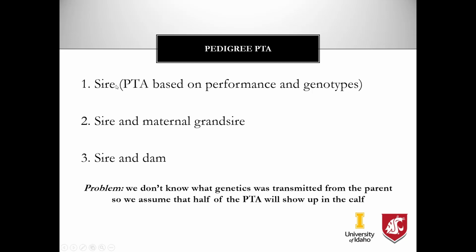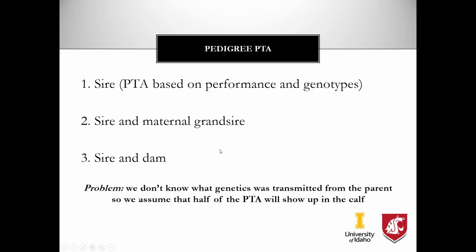And so that sire PTA is based on the sire's performance, the offspring's performance, and the genotypes that that sire has. Sometimes instead of using just the sire information, we'll use the sire information and the maternal grandsire information and combine those, usually in a 2/3, 1/3 weighting. If we have the dam information, we could also use the sire and dam information.